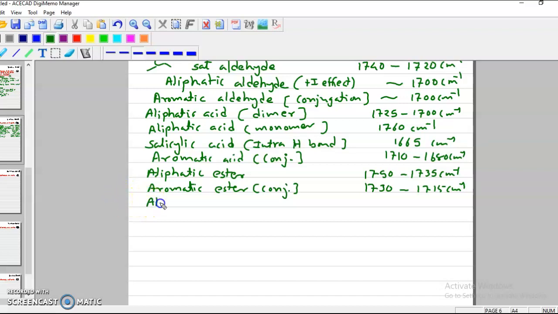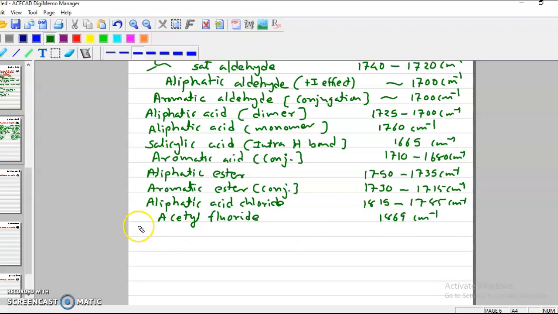Then we take aliphatic acid chloride, COCl. Acid chloride means COCl. The range is 1815 to 1785 cm⁻¹. We take acetyl fluoride, in which we will observe the signal of CO at 1869 cm⁻¹.